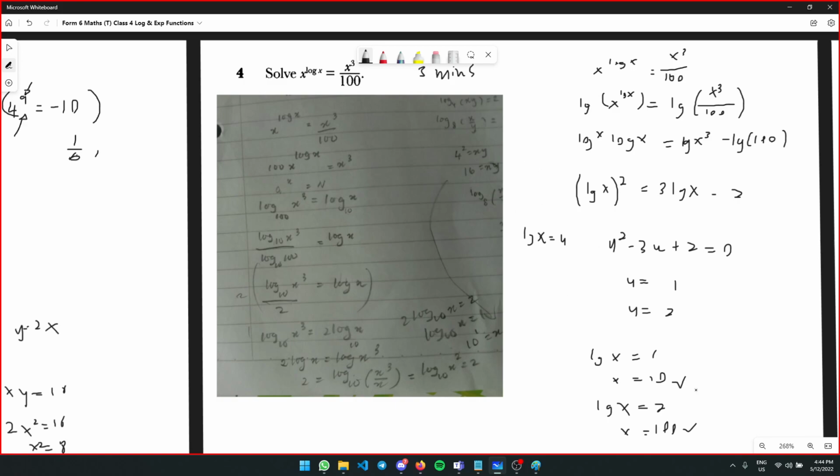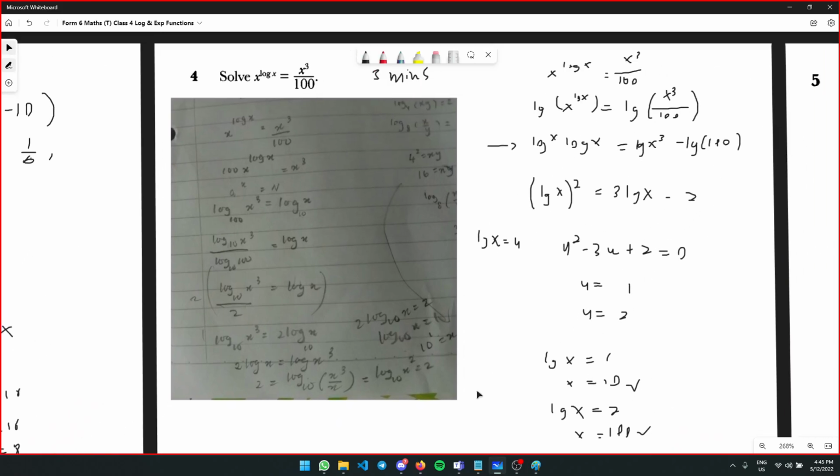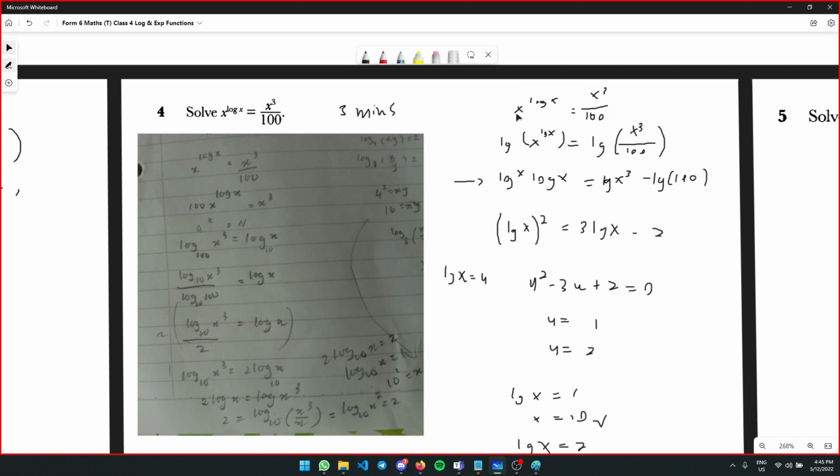I don't understand the third line, like 1, 2, 3 here. Yes. So what I did here was I logged back the whole thing. I made it into a log function. If I open it back up, this is x to the power of log x equals x cubed over 100.